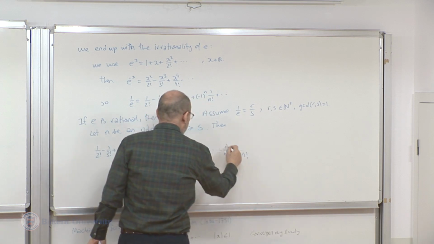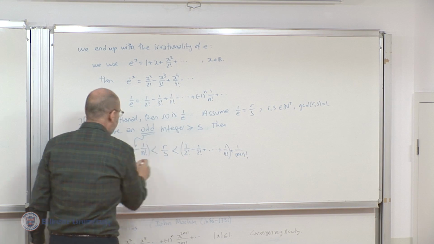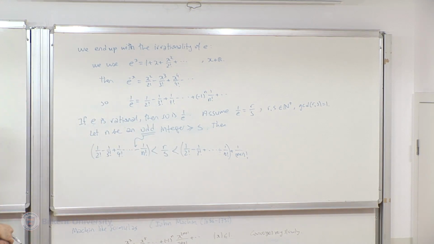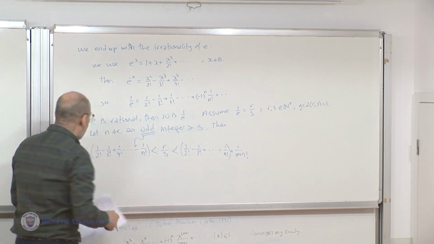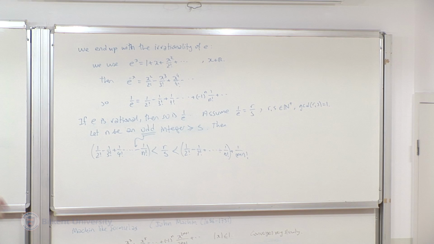So this part is the same as this part. I add one more term. According to the rules, it must be strictly larger than r over s. Now I multiply both sides by n plus 1 factorial. Okay, so let me finish it over here.